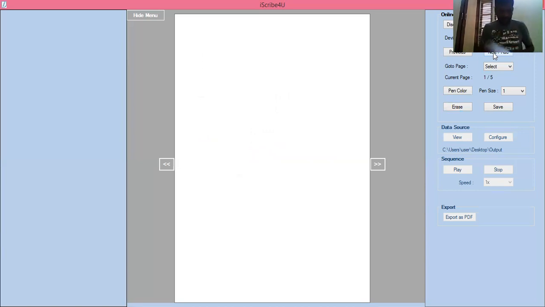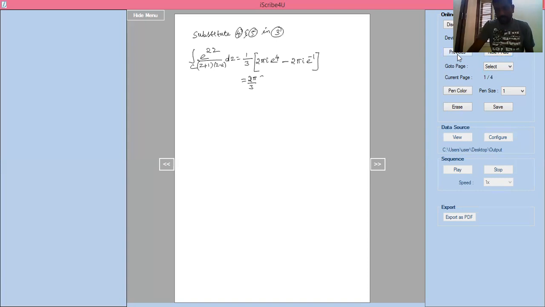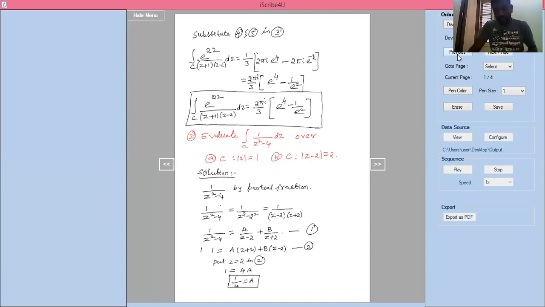Next, similarly, we give z equal to minus 2 in equation 2.